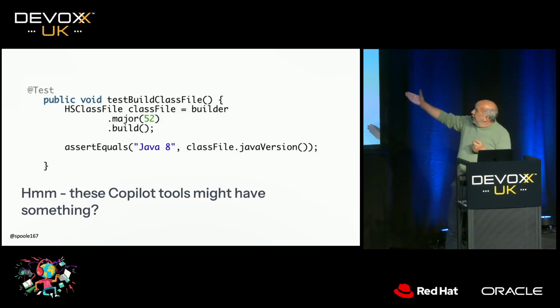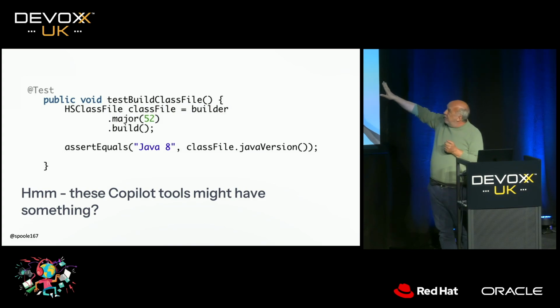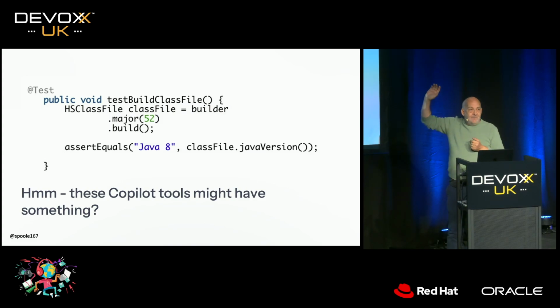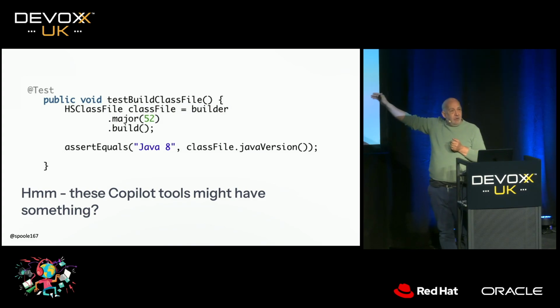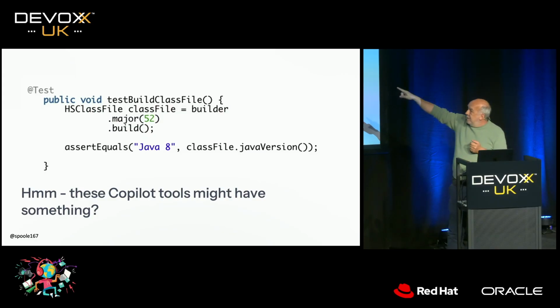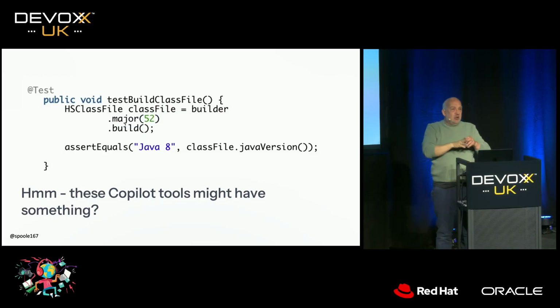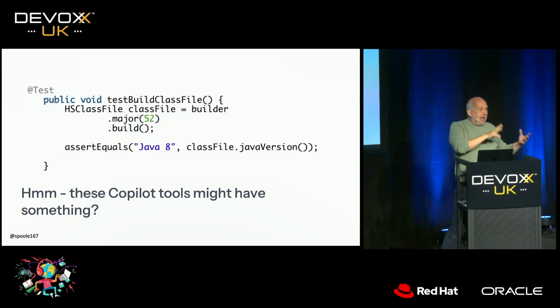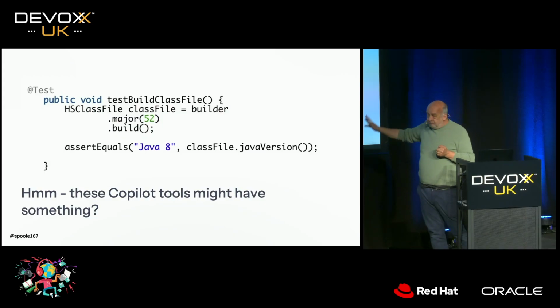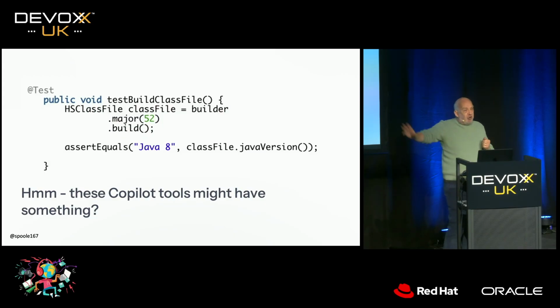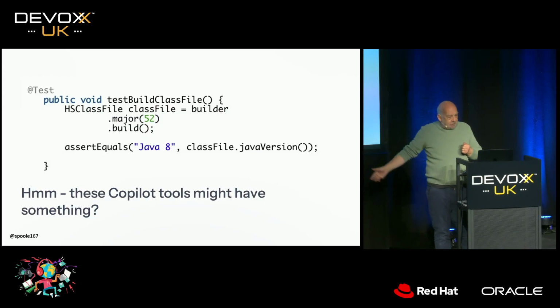So, this won't mean much to you, but when that was generated for me, I went, that's 100% spot on. The tool that did that, and I won't tell you which one it is, had obviously managed to understand the other code that it had access to and could actually work out what it should do. And it was perfect. It was just a really trivial test case, but it worked.